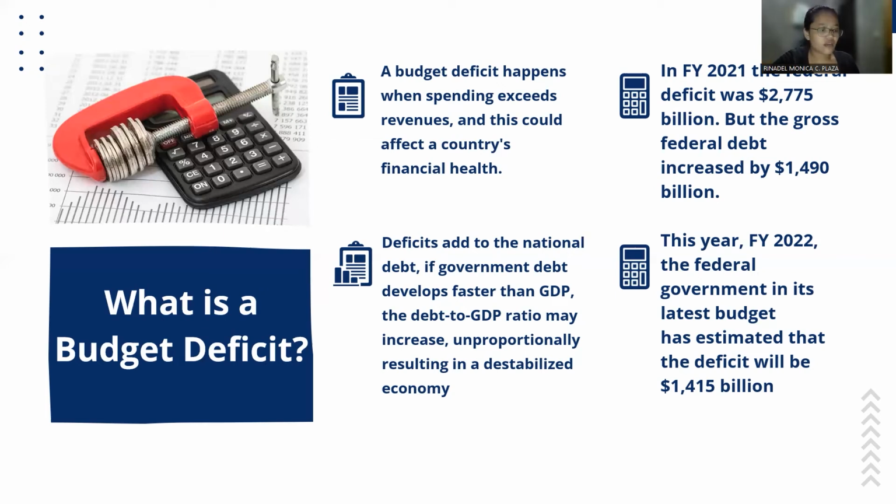A budget deficit is a result of unexpected events or decisions, such as increasing spending in defense or in infrastructure. And when the economy is booming, the budget deficit as a percentage of GDP may decline because there is less demand for government funded programs like unemployment benefits, social security, and medical benefits, or in our term in the Philippines, ayuda.